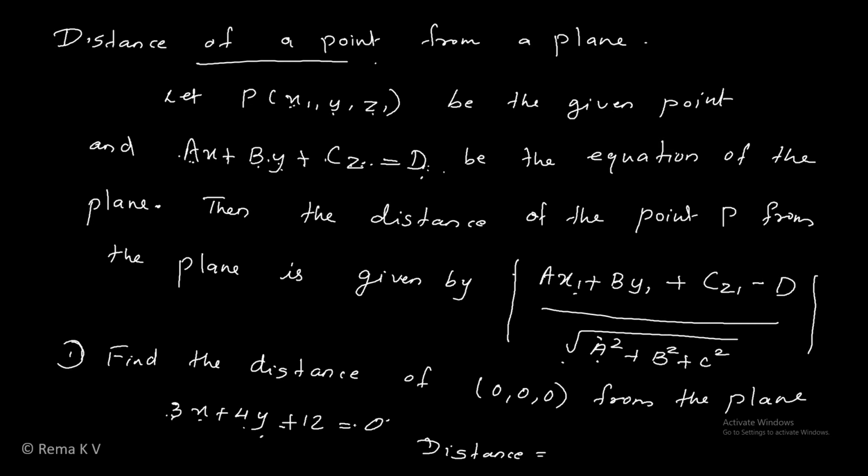Find out the distance by replacing x, y and z with 0, 0, 0. So it is modulus of 3 into 0 plus 4 into 0 plus 0 into 0 plus 12 divided by root of 3 square plus 4 square, that is 9 plus 16, which is 5.